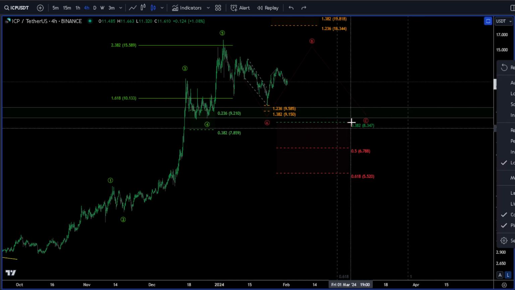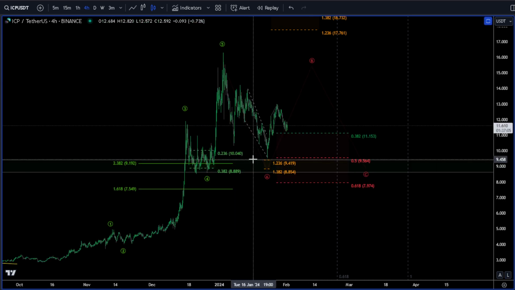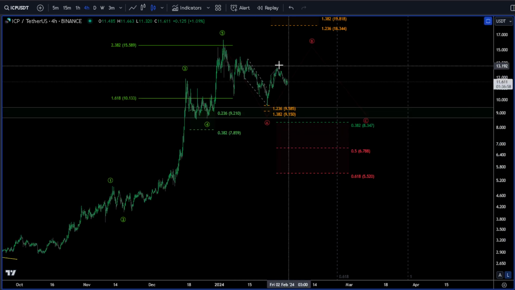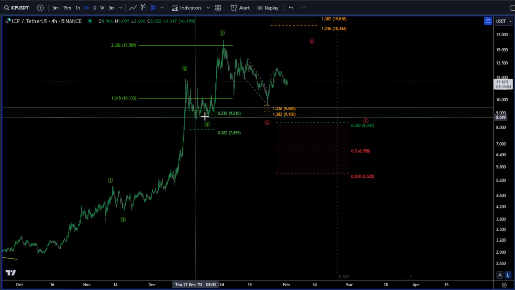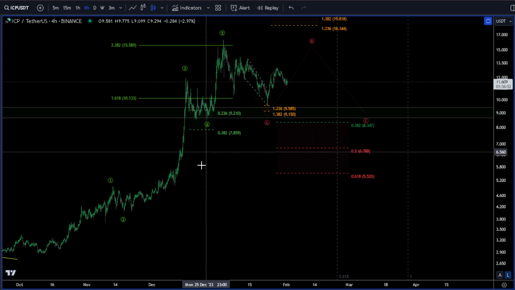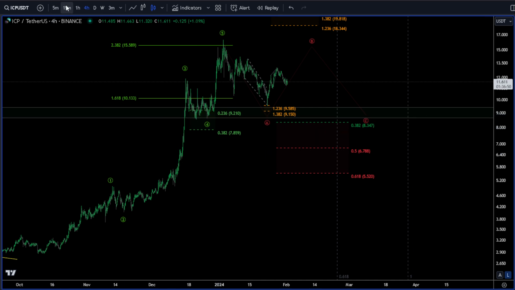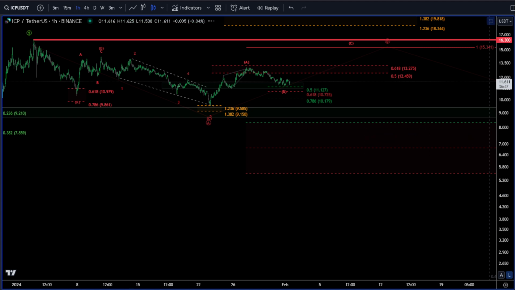Now on log scale, we haven't hit the 382 yet. On linear, we've already just tagged the 50%. So we could make a lower low below this A wave, but we want to stay above this previous 4th wave. So I'll go down to the smaller time frames and show you that.